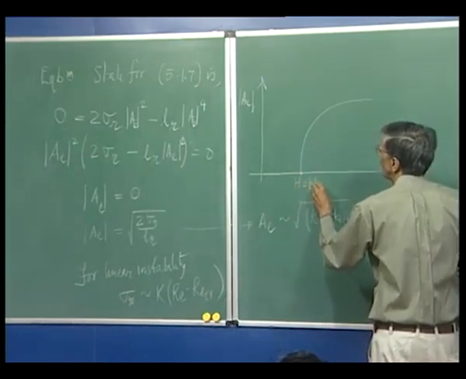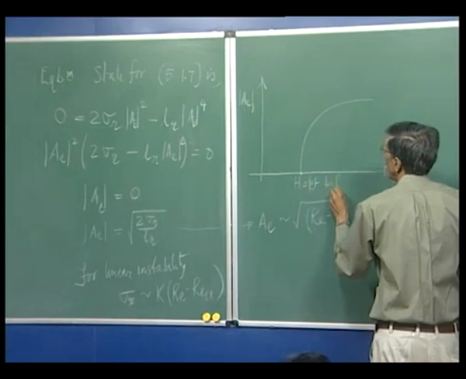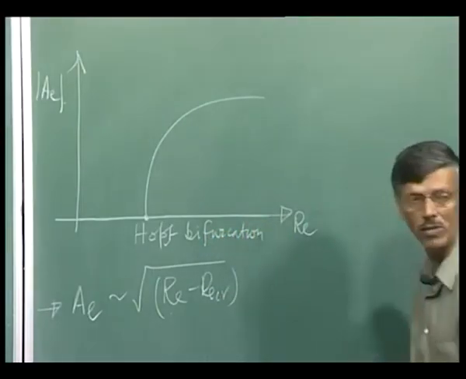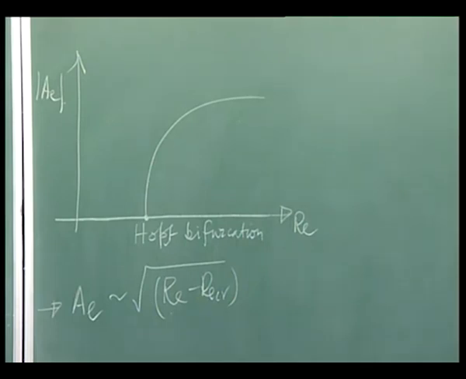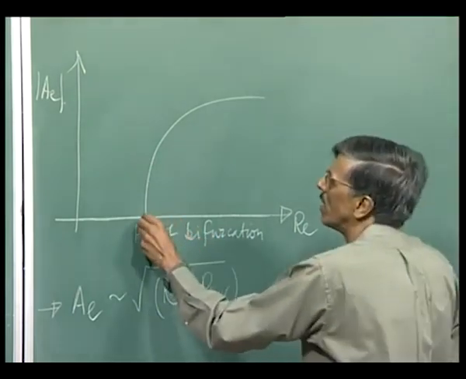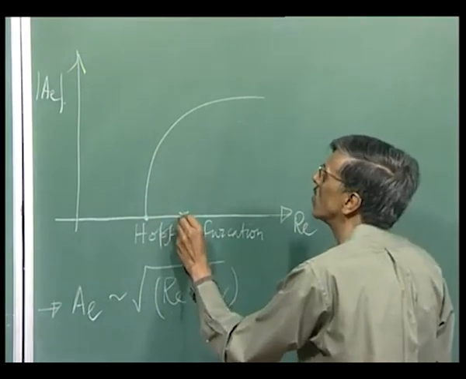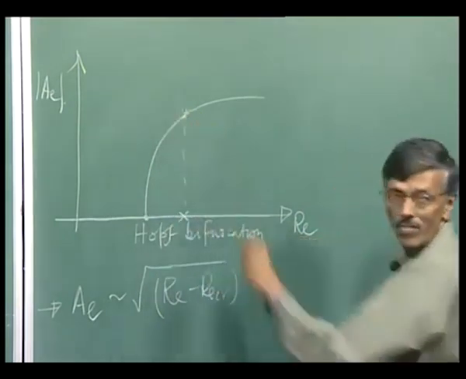You can have two states. This is a beautiful simple example of Hopf bifurcation, where beyond the critical Reynolds number you can have two states, either this or this.